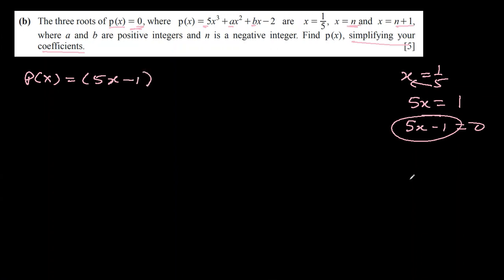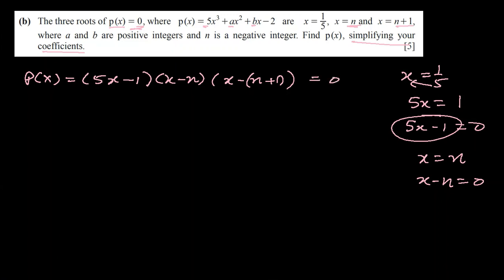Now the second factor is n. So x is equal to n, so x minus n equal to 0. This becomes the second factor, x minus n. And similarly x minus (n plus 1) is the third factor, and p(x) is equal to 0. Now we have to expand this so that we can compare p(x) with this one.